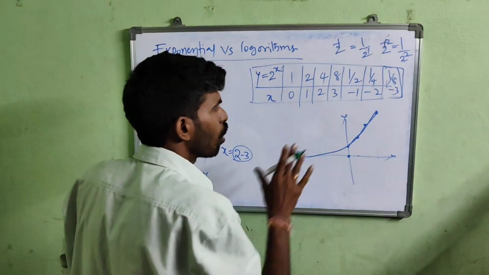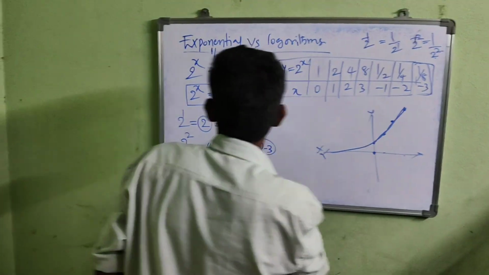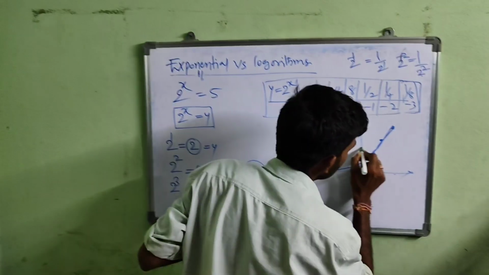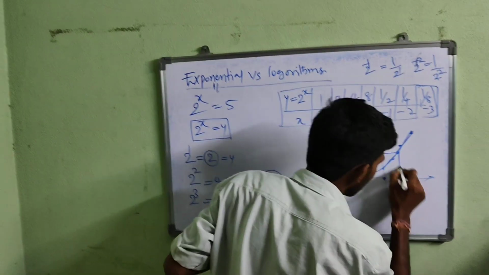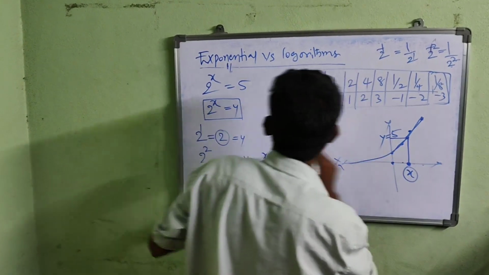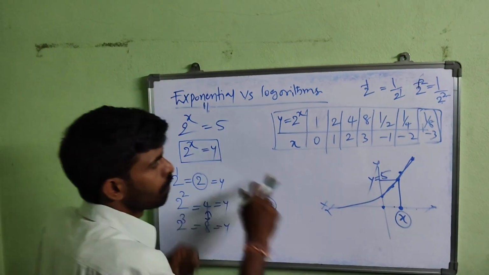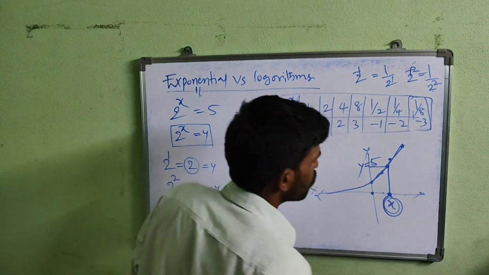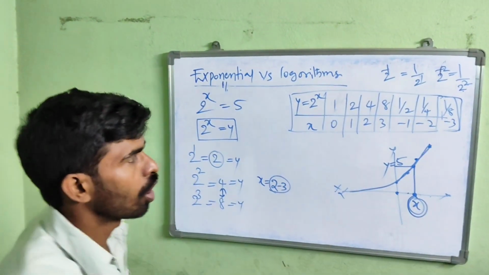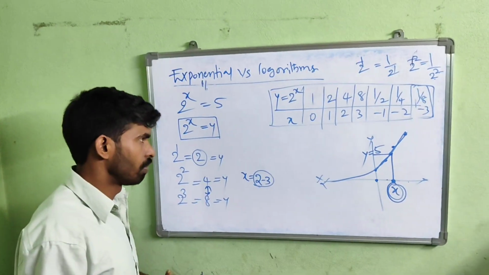If I draw this graph, I want to find out for y equal to 5 where the x value is. If I draw a perpendicular from y equal to 5, I will get the x value. Here y is 5, right? For y equal to 5, we will get the x value. That is nothing but by the graph, we can get these difficult values also.